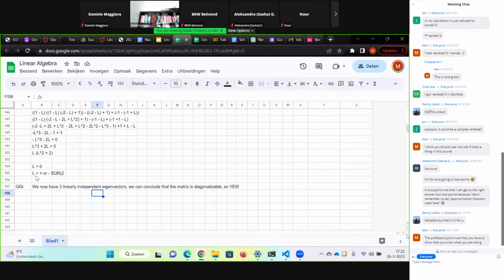Okay, but let's say you get 3 lambdas. One of them is 1, the second one is 2, and the third one is 2 as well. I think according to another theorem, if one of them has dimension 2, and that still equals n, it is still diagonalizable.